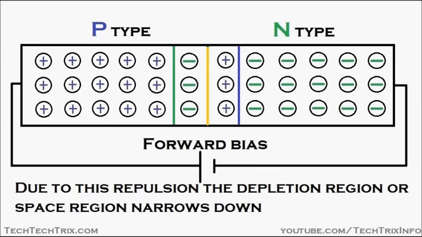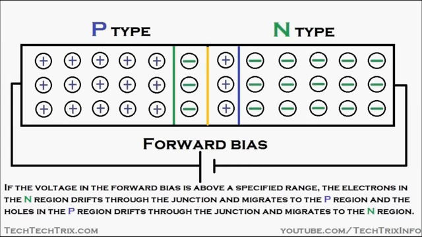Due to this repulsion, the depletion region or the space charge region narrows down, as you can see in the animation. If the voltage in the forward bias is above a specified range, the electrons in the N region drift through the junction and migrate to the P region, and the holes in the P region drift through the junction and migrate towards the N region, like this.